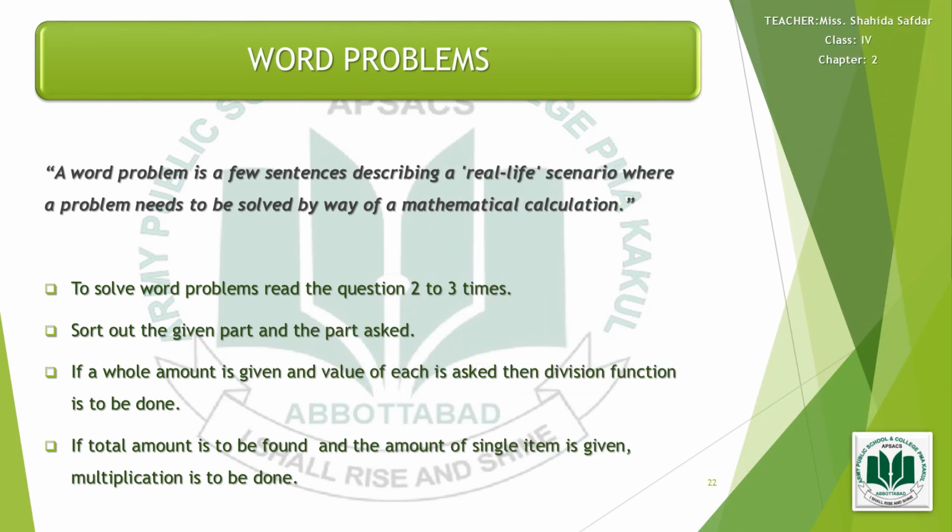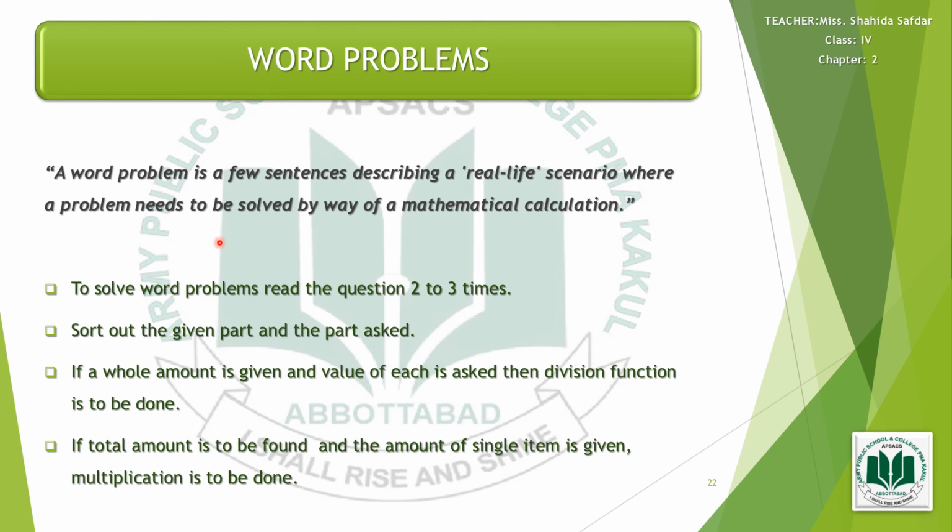Now we will move towards our next topic, that is word problems of multiplication and division. Students, a word problem is a few sentences describing a real life scenario where a problem needs to be solved by way of mathematical calculation.